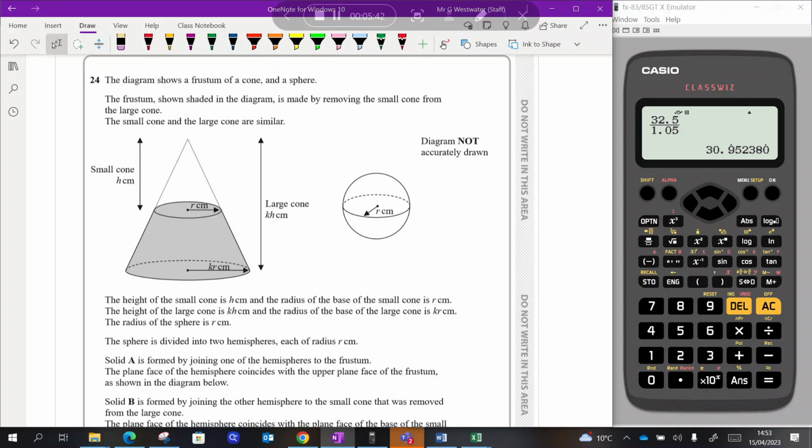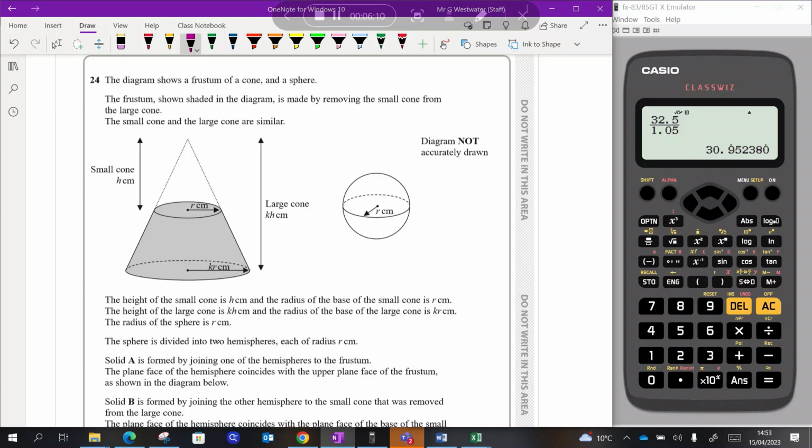We have a diagram showing a frustum, which is basically a cone with the top bit cut off, and a sphere, which is going to end up being cut in half. The height of the small cone, so this one at the top, is h, and the radius of the base of the cone is r. The height of the large cone is kh, so that our scale factor is k here, so it's kr as the radius as well.